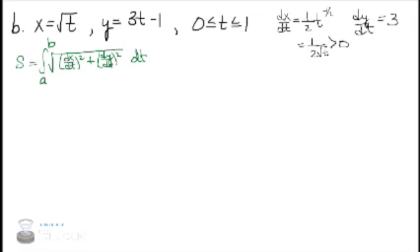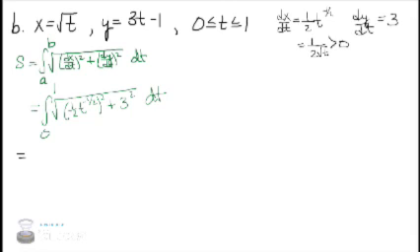All right, now we're going to plug in. We have the integral from 0 to 1 of the square root of (1/2 t to the negative 1/2) squared plus 3 squared dt. All right, so let's see.